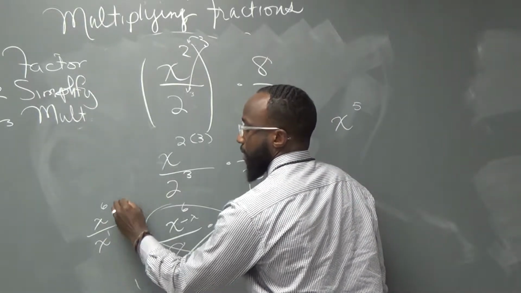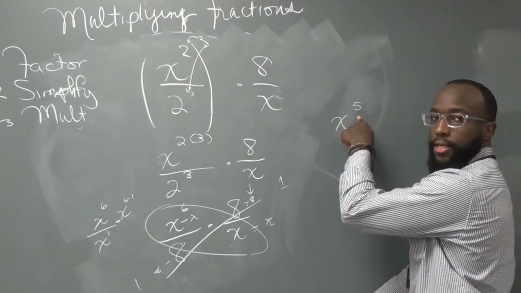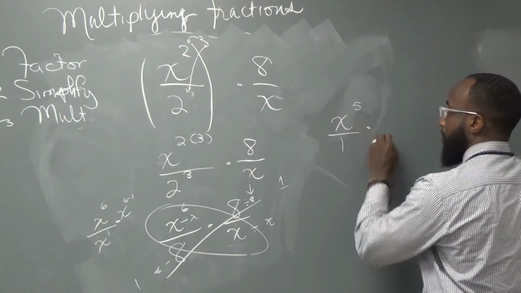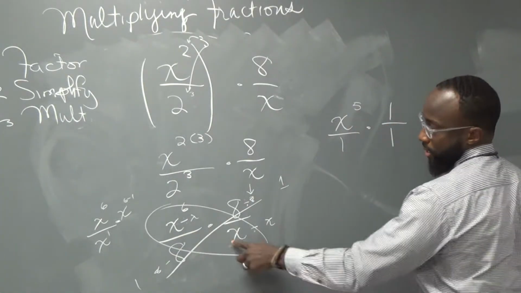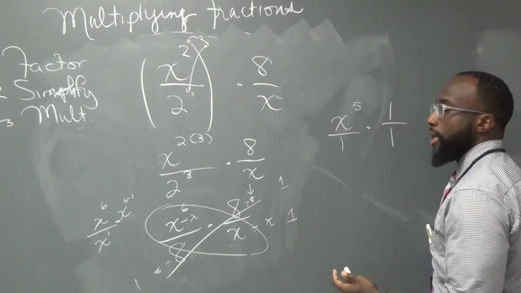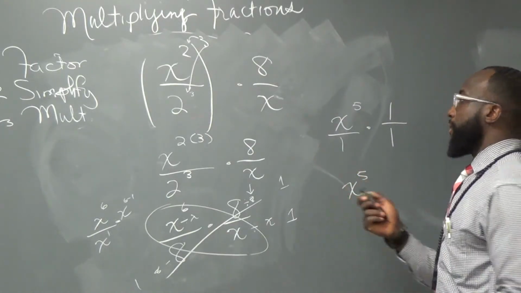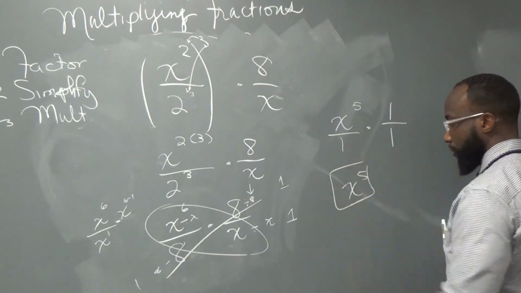So that's x to the 6th minus 1, which is x to the 5th power. Okay? So it's x to the 5th power over 1 times 1 over 1, because x divided by x is 1. So our solution then is x to the 5th. Multiply. x to the 5th times 1, 1 times 1. x to the 5th. Okay?